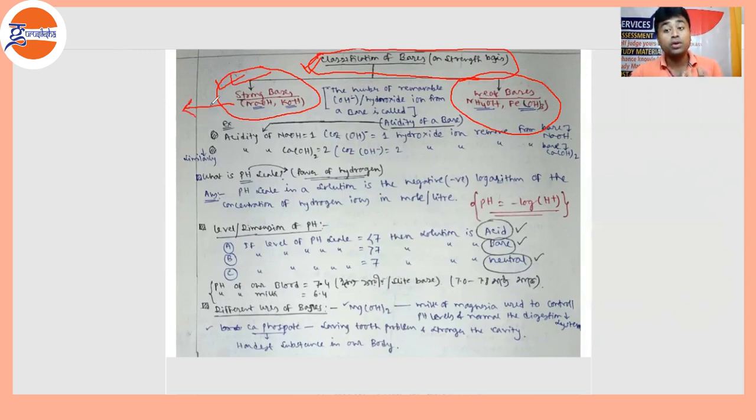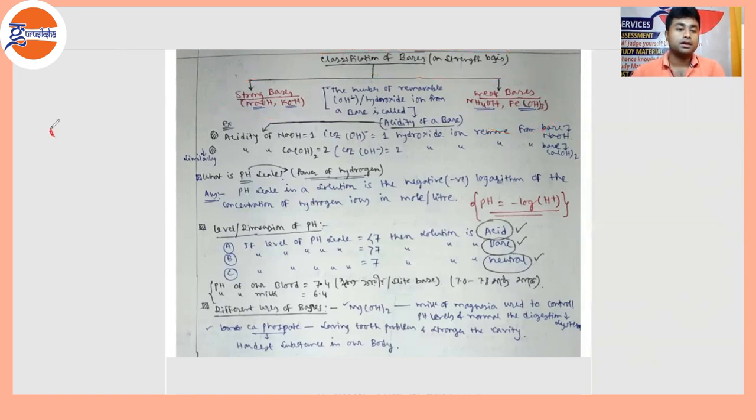So what are the examples of strong base? The example of strong base is NaOH, that means sodium hydroxide, in which you can see OH bonds are present.